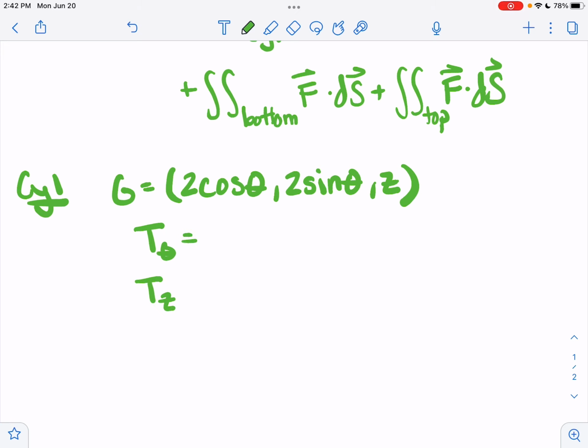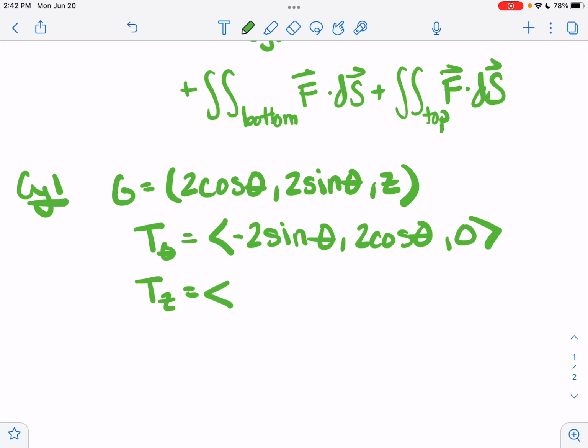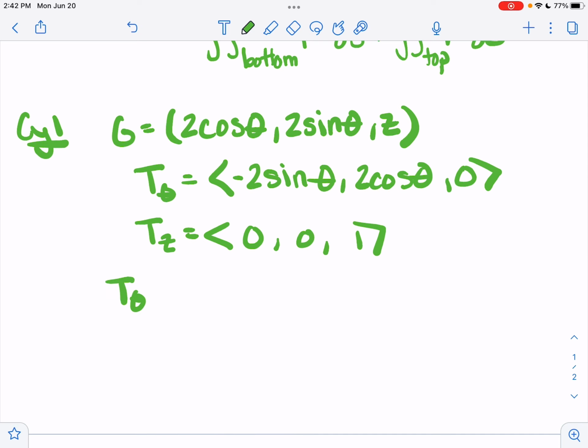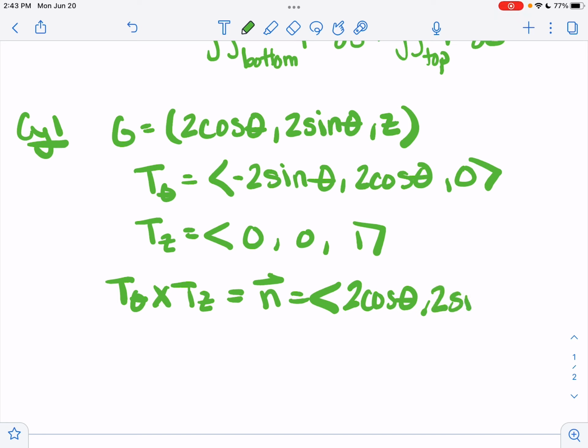The tangent in the theta direction will be minus 2 sine theta, 2 cosine theta, comma 0, and in the z direction it will be 0, 0, 1. The cross product of those two gives our normal vector, and that will turn out to be 2 cosine theta, 2 sine theta, comma 0.